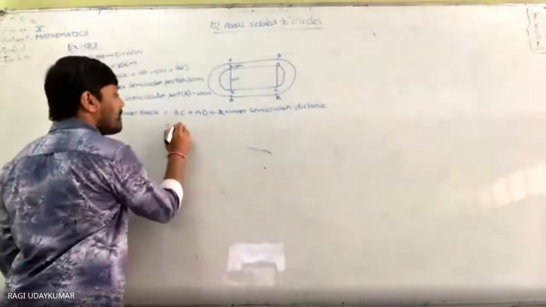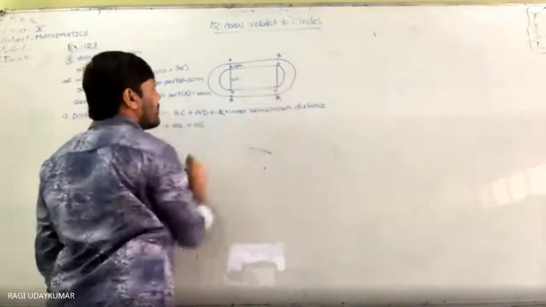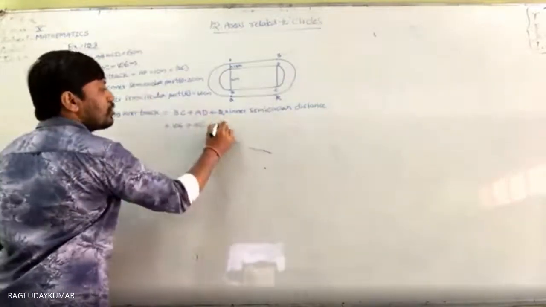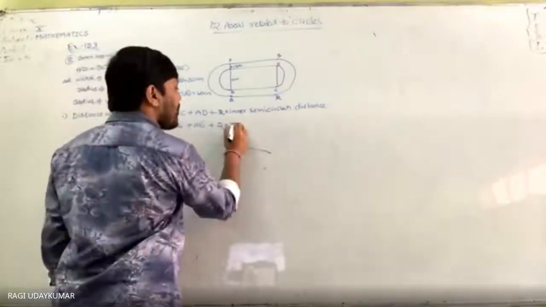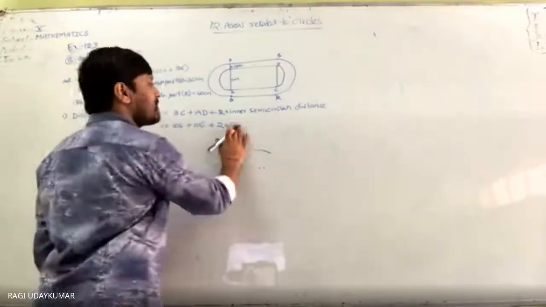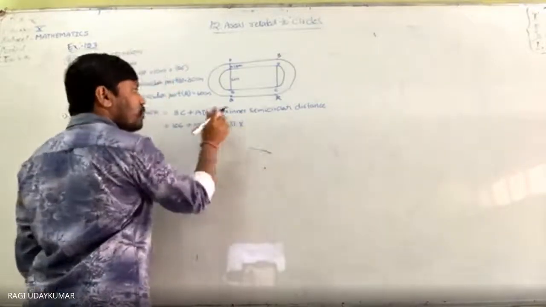So what do you get here? BC length is 106. This is also 106. On either side 106 plus 2 into the semicircle distance. The semicircle distance is nothing but pi r. Here the radius is r, and the pi value. Actually we will do 2 times pi.